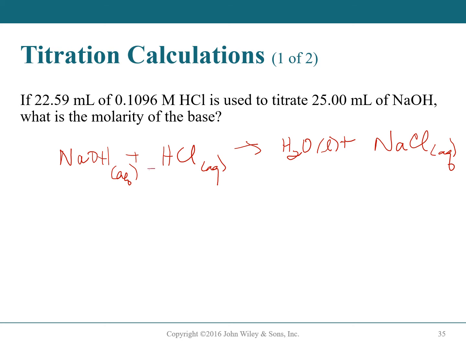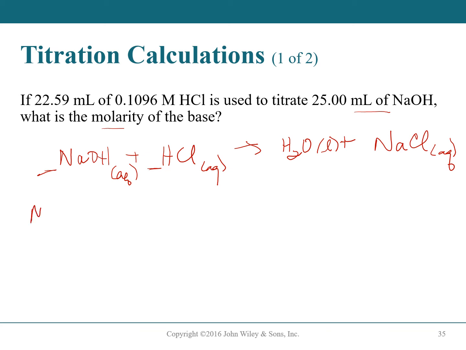Because remember, you need to know what your mole to mole ratio is. So if you don't have it balanced, you may not have the correct mole to mole ratio. So you're titrating sodium hydroxide, so you want the concentration of the sodium hydroxide. So let's start there.